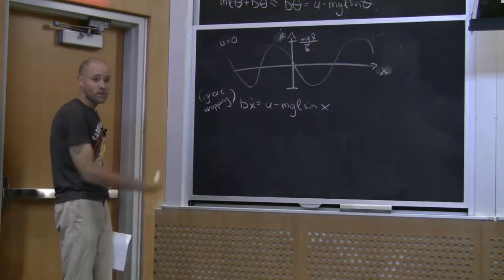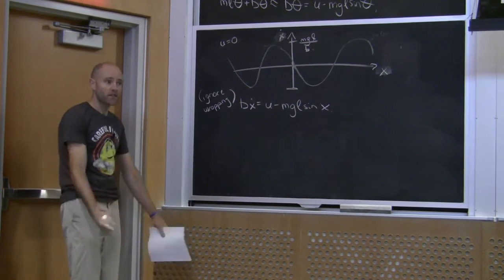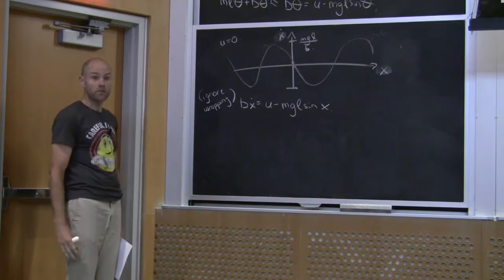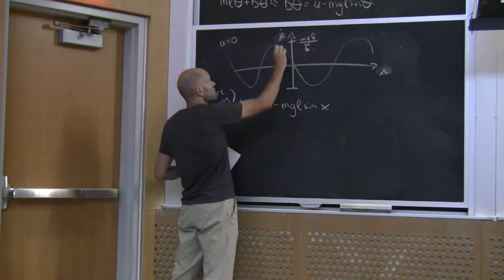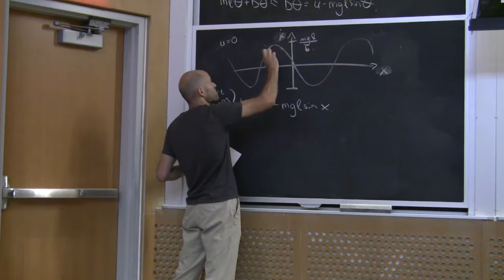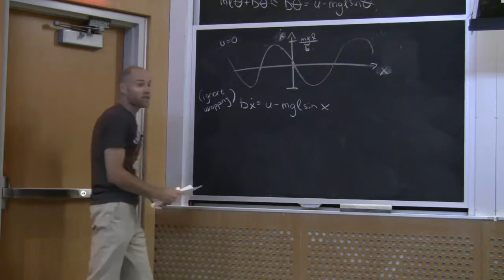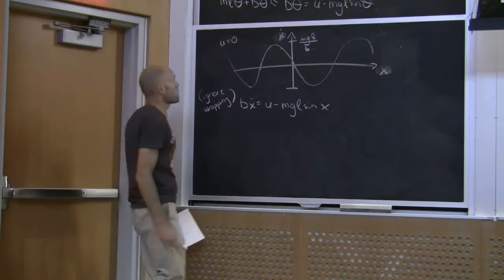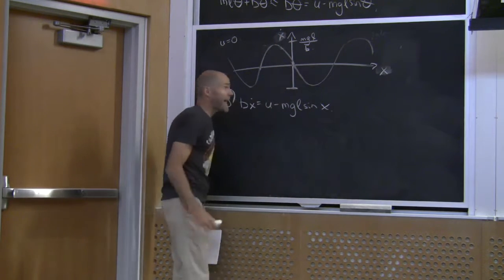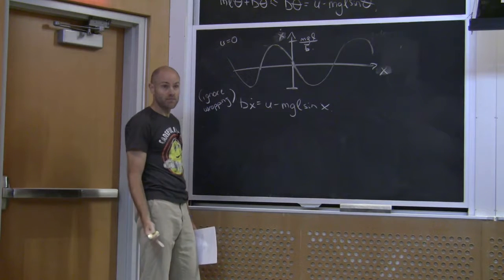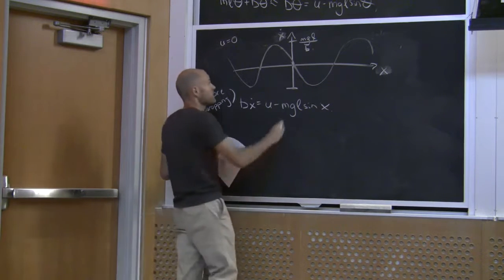Okay, so my claim is from this picture, you should be able to tell me everything that can happen about the pendulum. All right, so this first order nonlinear differential equation does a lot of interesting things. The first thing you can say is that whenever x dot equals 0, that's important, right?